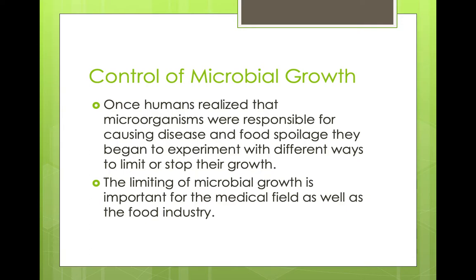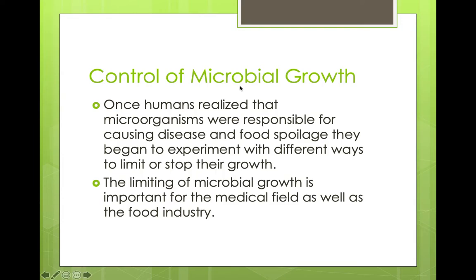So anyway, once people figured out that bacteria were the things responsible for causing disease, and the things responsible for causing food spoilage, there were tons of experiments put forth to try to figure out how to keep bacteria and mold and things from growing in and on us.